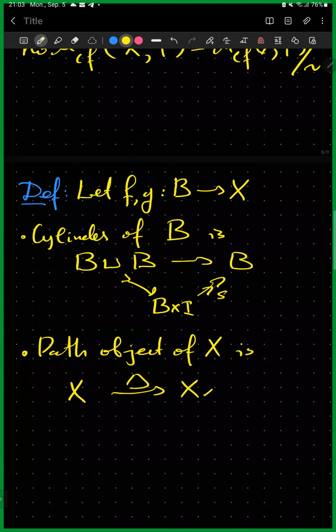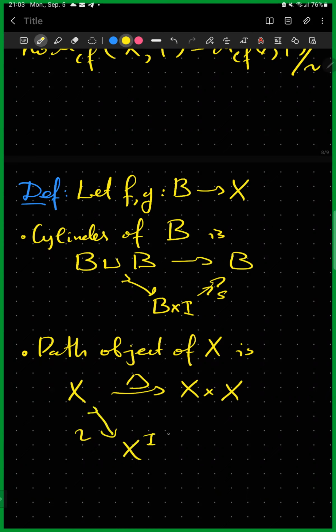So we have a diagonal map from X to X times X, and we have a canonical factorization. Here we take a trivial cofibration, and here we take just some fibration.